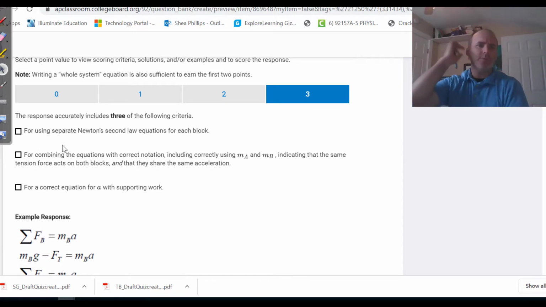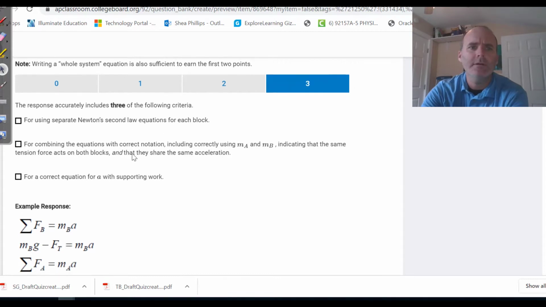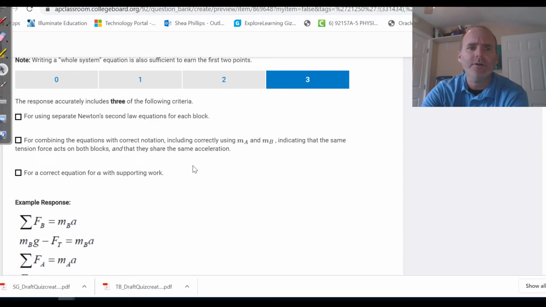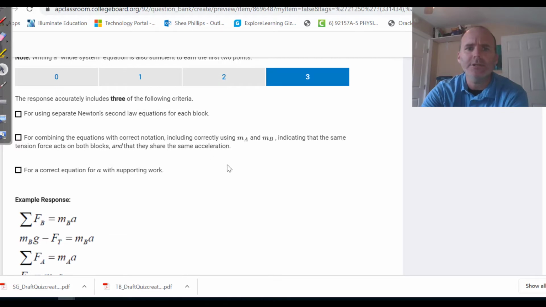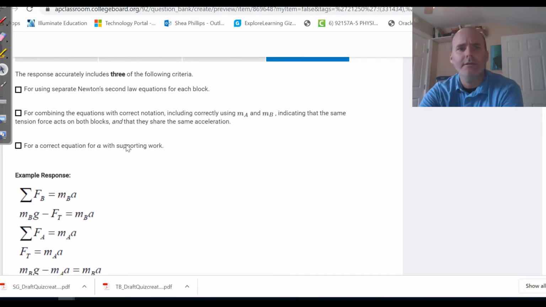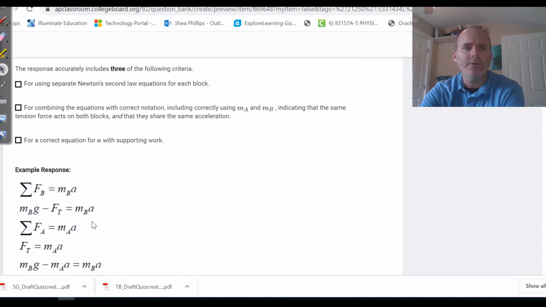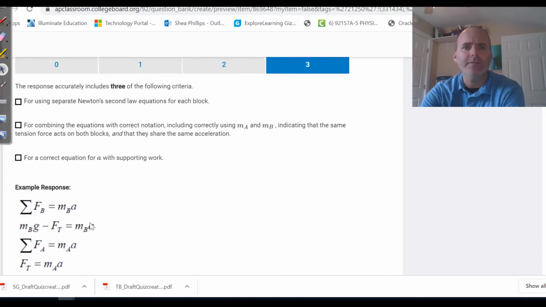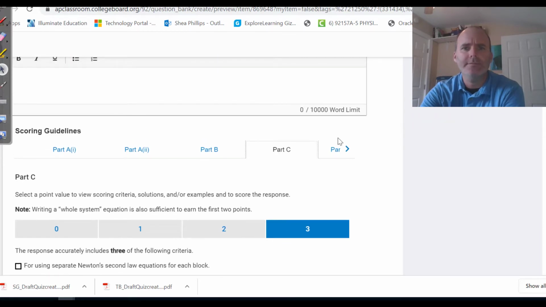And here's your 3 points: for using Newton's second law for each block, for combining the equations with the correct notation, so using MA and MB, knowing that the tension forces are the same in each block, and for supporting your work by deriving the equation. So that's 3 points.